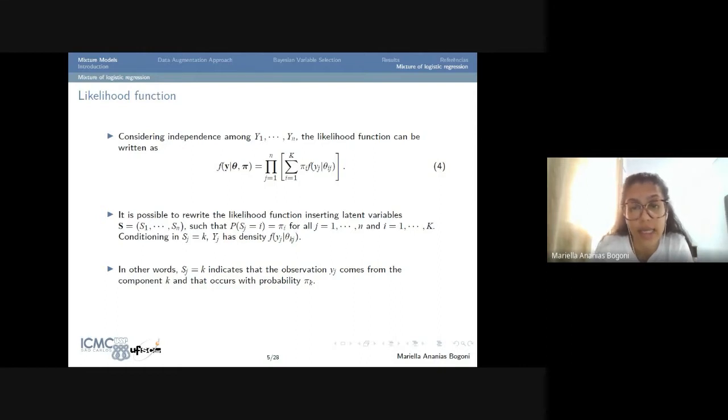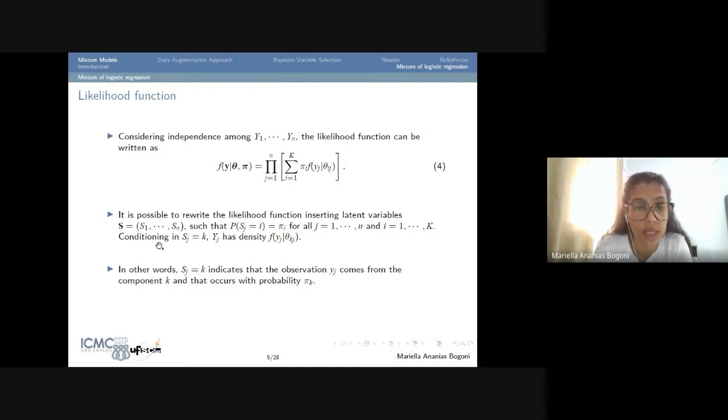To facilitate the Bayesian inference of this model, we can rewrite the likelihood function by inserting latent variables S_g, such that the probability of S_g equals i is pi_i. In other words, the variable S_g indicates which component the observation y_g is coming from.